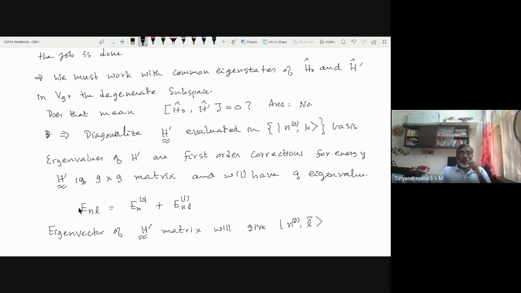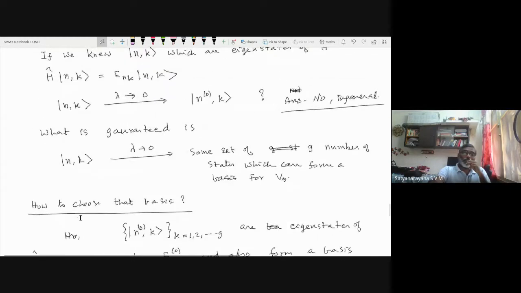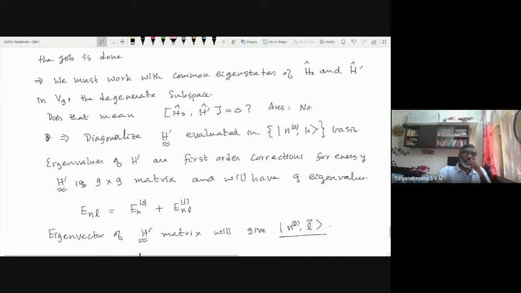Now you can use them. So what are these |n0, L tilde⟩? These are the states to which this will go if lambda tends to 0. Some set of g number of states I call them, right? They are not |n0,k⟩, but they are |n0, L tilde⟩. So where does it go? It will go to those states that are common eigenstates of both H0 and H prime.